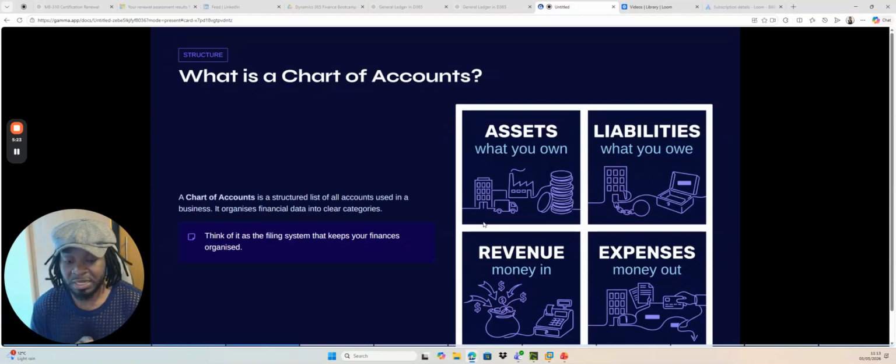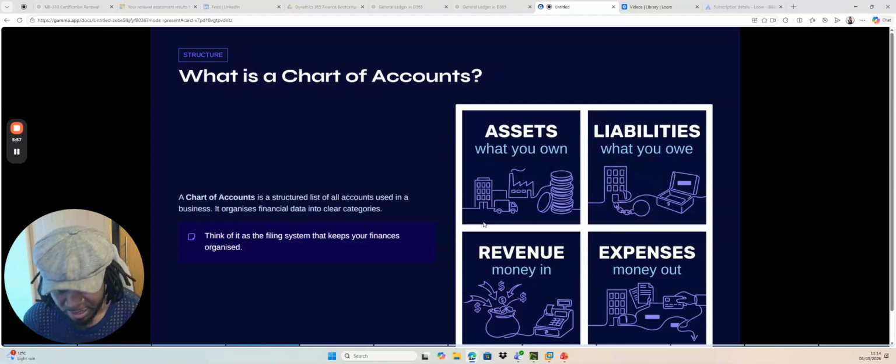Then the expenses are like the salaries, the rent, all those small transactions that you perform every day, where money is stepping out. So you've separated these pages, and in this way you've listed all these things on separate pages. In Dynamics, it's really the same, where the chart of accounts will have these accounts organized in this manner: assets, liabilities, revenue, and expenses. You are structuring them separately.